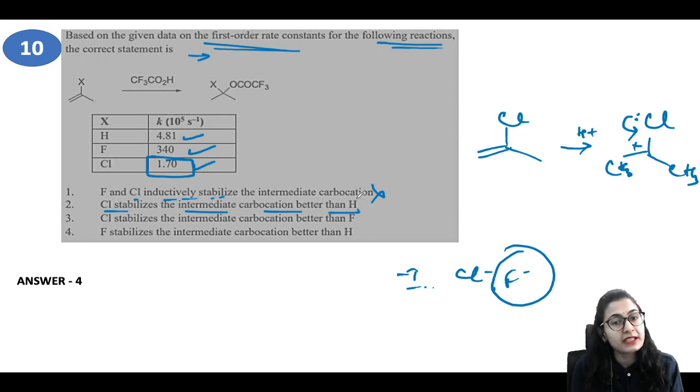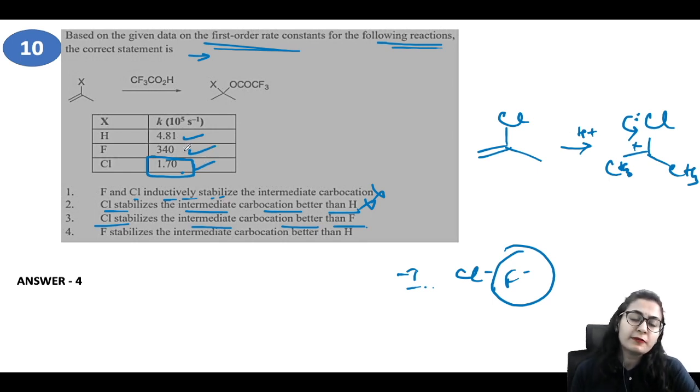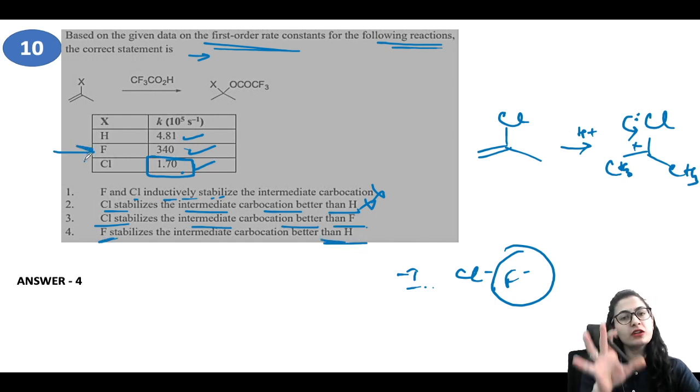If that was the case, the rate of reaction could have been higher, but it is not. So this is also wrong. Cl stabilizes the intermediate carbocation better than fluorine? I don't think so because fluorine is giving the fastest rate of reaction. Fluorine stabilizes better than hydrogen. That is true, all of this is based on the set of data that you have. So fluorine is going to do the reaction fastest.